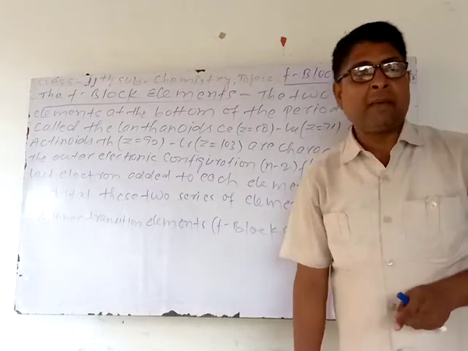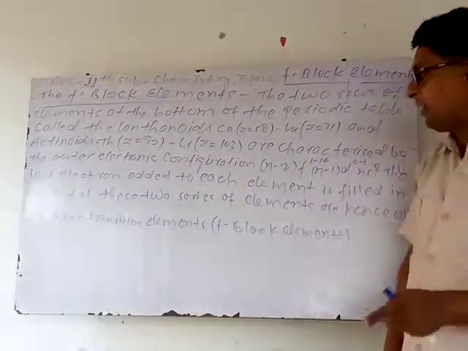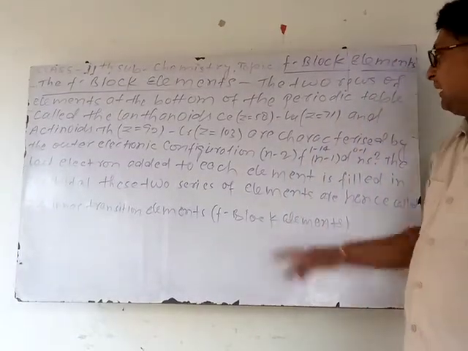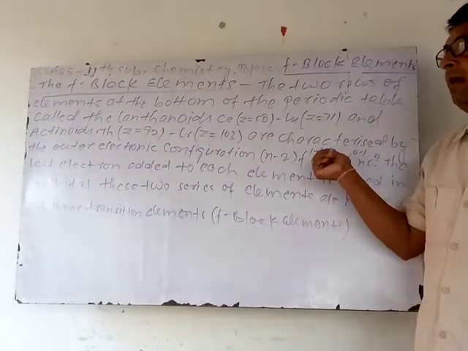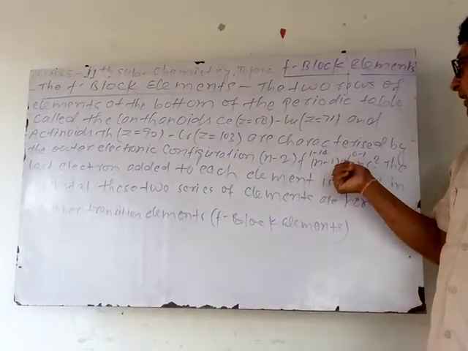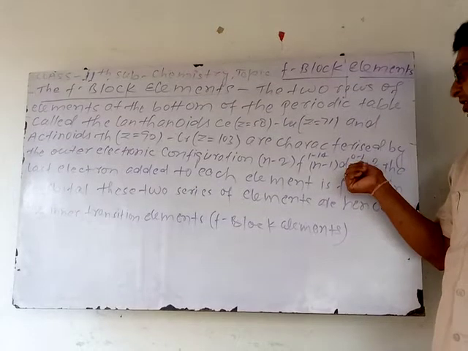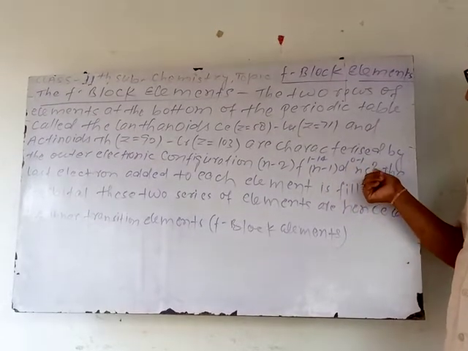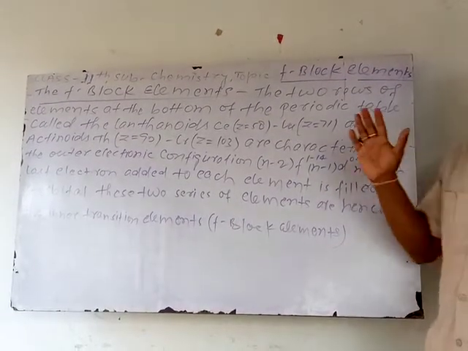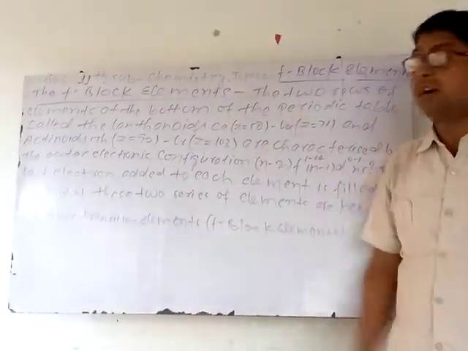The outermost electronic configuration of f block elements is (n-2)f1 to 14 (n-1)d0 to 1 ns2, known as f block elements.